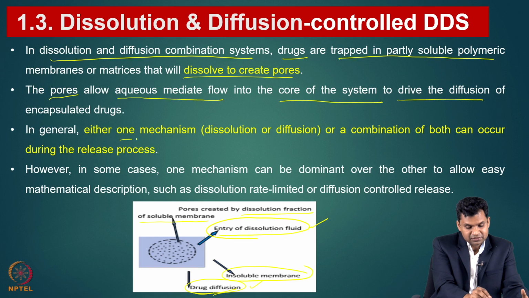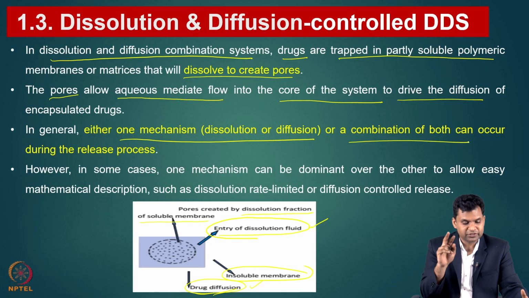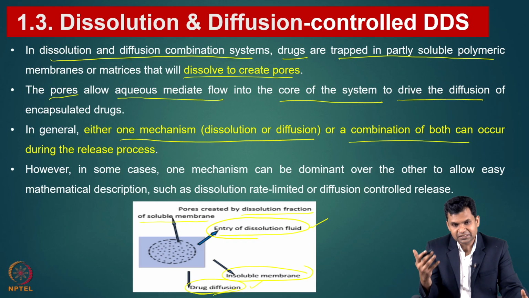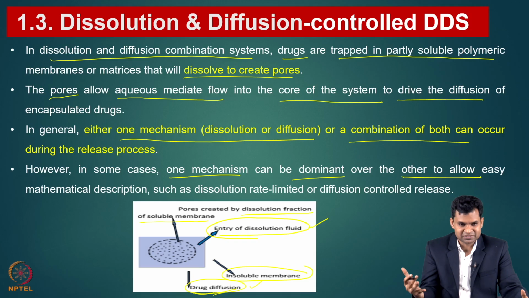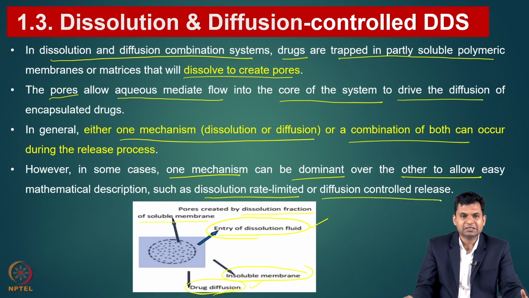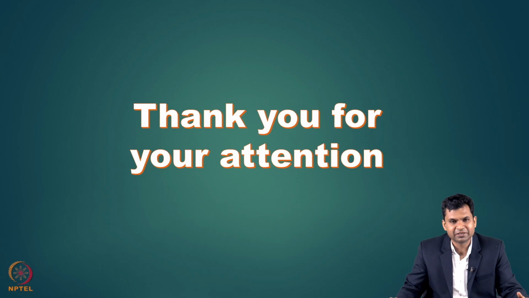In some cases it may follow only one mechanism, and in other cases it will follow a combination of two mechanisms. There are cases where one mechanism can be dominant over the other. In such cases we need to optimize the formulation, which is very important, and it may be dissolution rate limited or diffusion controlled release. These combination systems will also be helpful for chronic treatment.